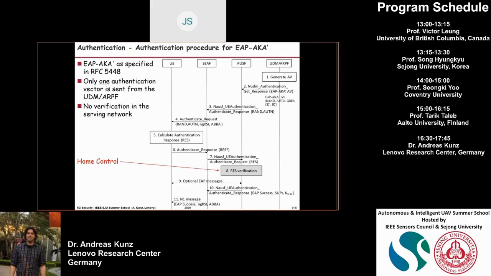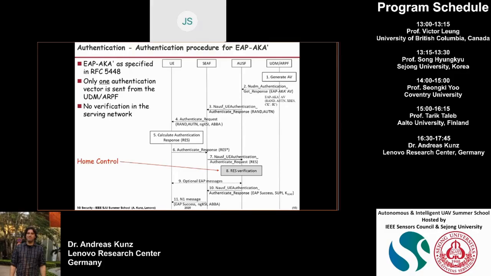So we had EAP methods before for the non-3GPP access in 4G, but they were not linked as closely to, or treated as similar to, the 3GPP access. But now we have two authentication methods which are basically on the same level of support in the 5G core network.